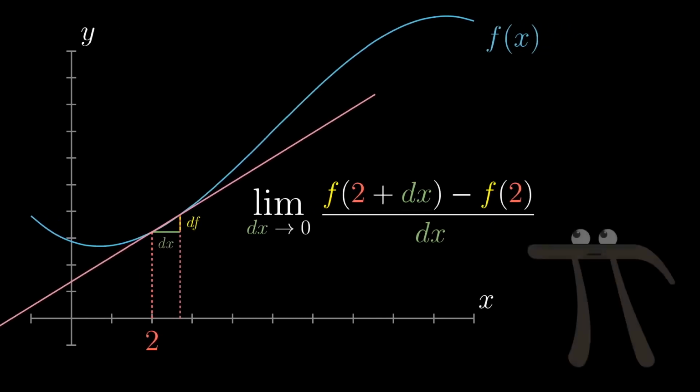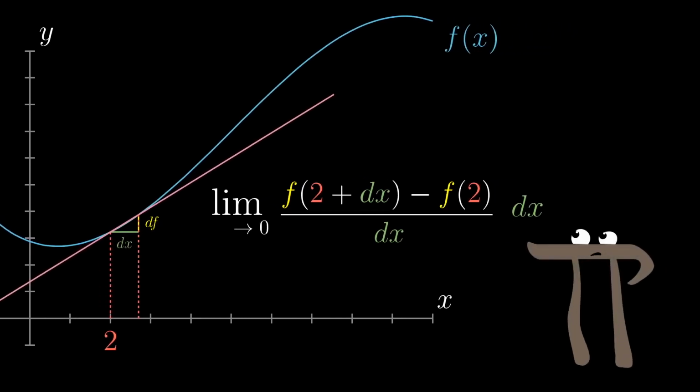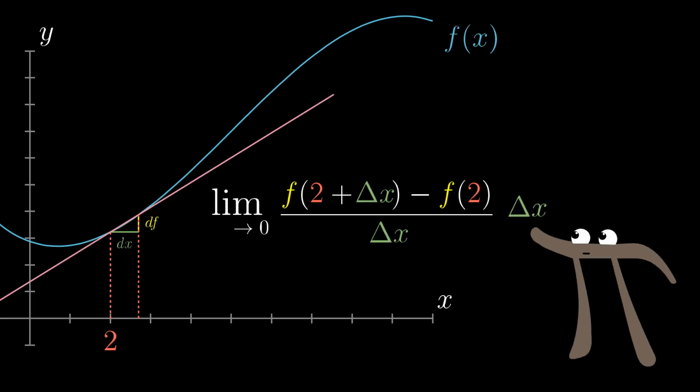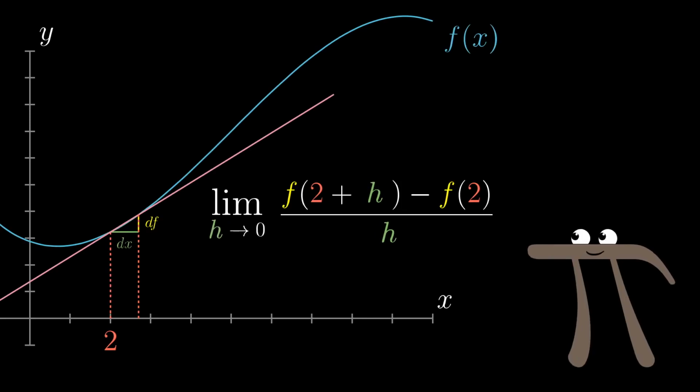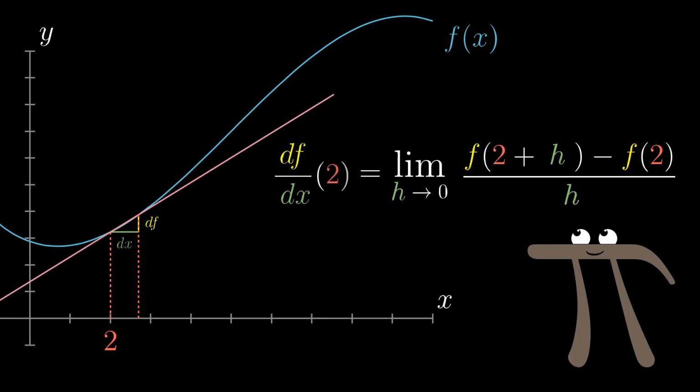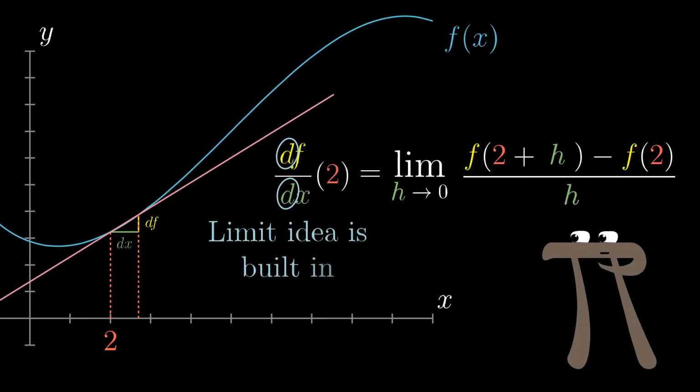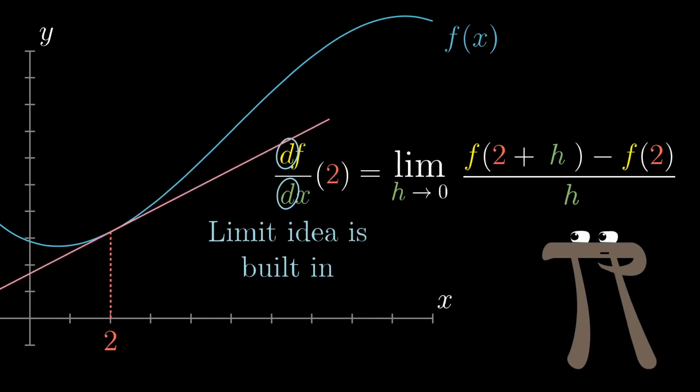Now, you'll almost never see terms with a lowercase d like dx inside a limit expression like this. Instead, the standard is to use a different variable, something like delta x, or commonly h for whatever reason. The way I like to think of it is that terms with this lowercase d in the typical derivative expression have built into them this idea of a limit, the idea that dx is supposed to eventually go to 0.